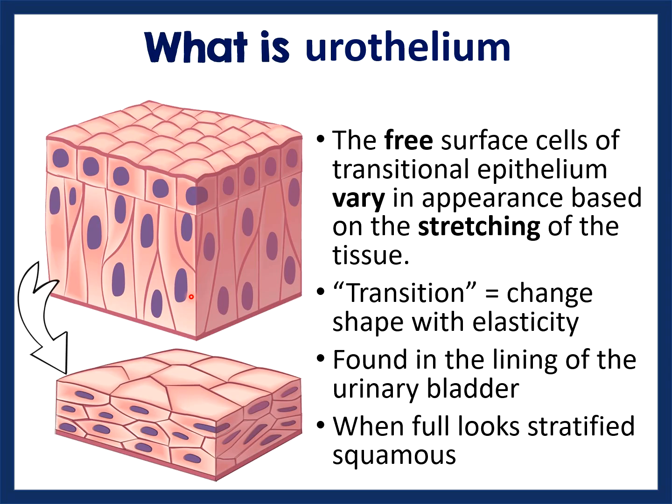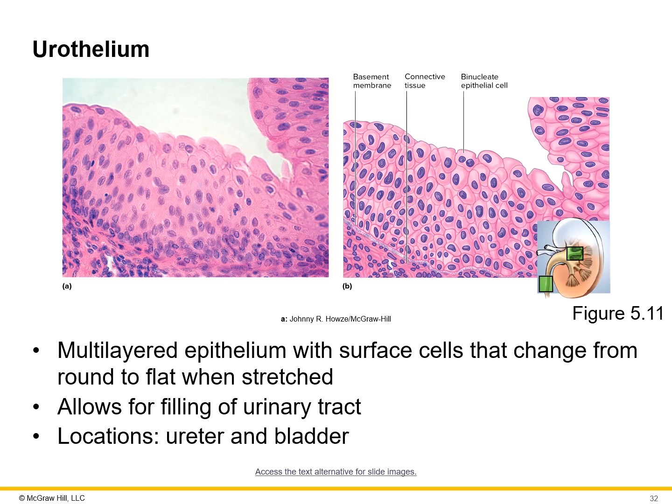But the key to identify this urothelium is to look at that free surface, particularly when it is not full or distended. If you look at the free surface, you'll see that they kind of look like clouds. They go up and they are rounded.